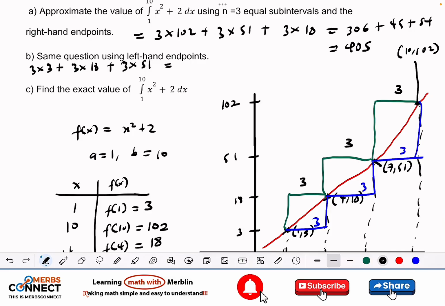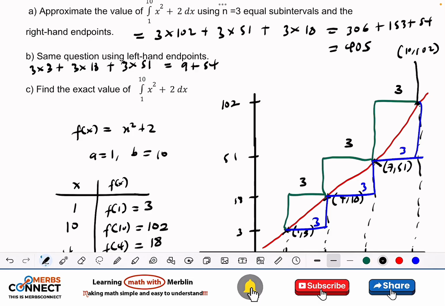So what are we going to get? 3 times 3 is 9. 3 times 18 is 54. Then 3 times 51, did we get 3 times 51 to be 45? I'm not sure. Oh, that is so bad. So this one is not 45. This one should be 153. Oops, I'm sorry.